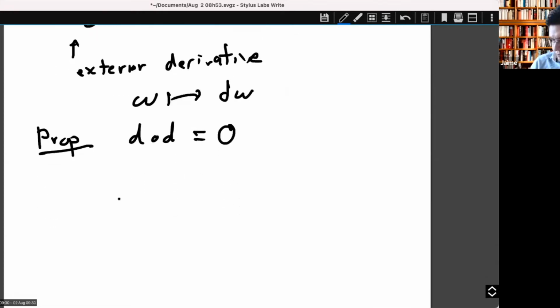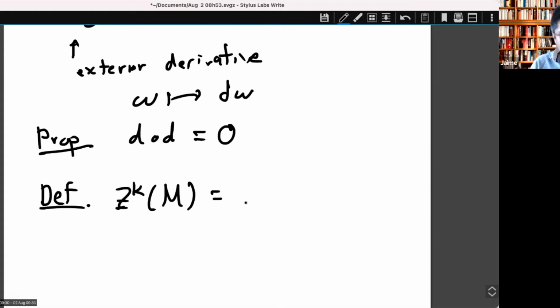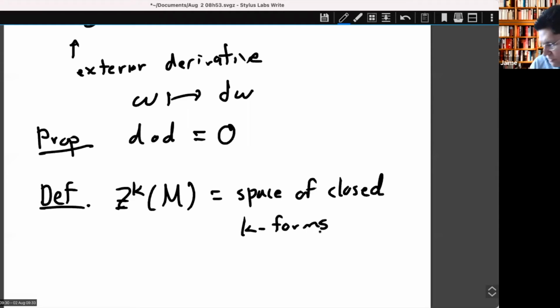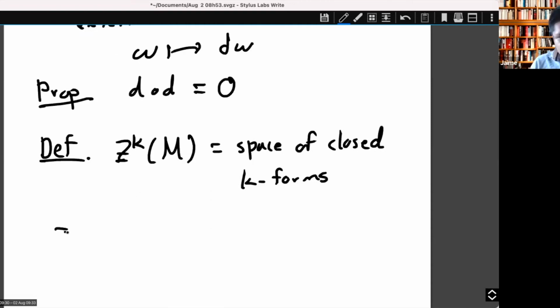And so for us, C^k(M) is going to be the space of closed k-forms, or differential forms. I'm just using forms for short. What is this space? It's just the kernel of the map d. I said that I wasn't going to switch between notations.